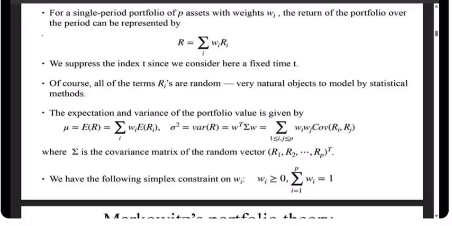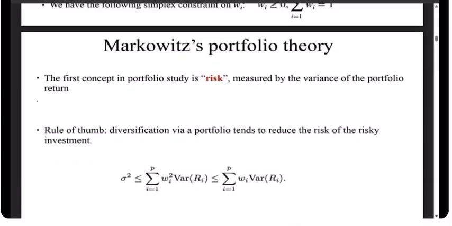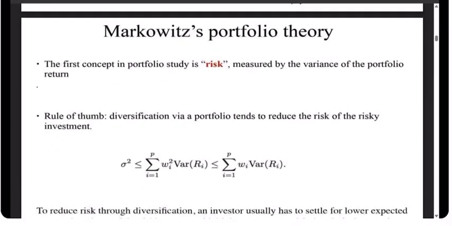Now we take a look at the way to develop the efficient frontier. In 1952, Markowitz developed a theory for us to be able to have an efficient frontier. An efficient frontier is the one that can guarantee a reduction in the risk.